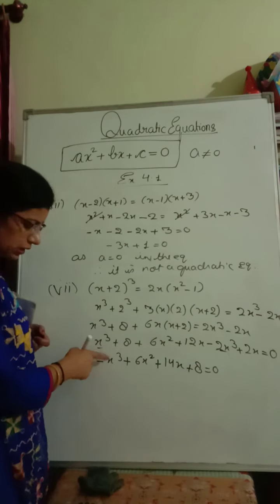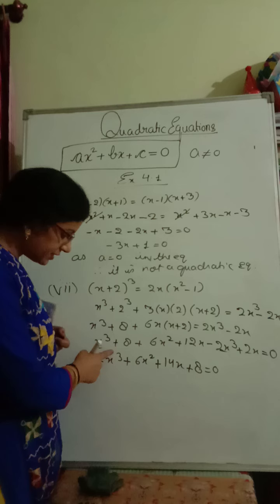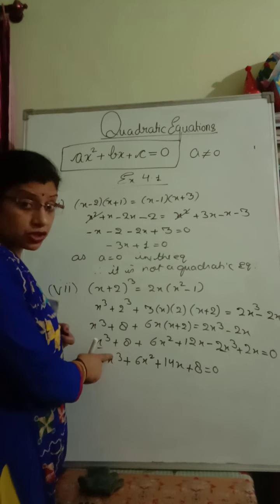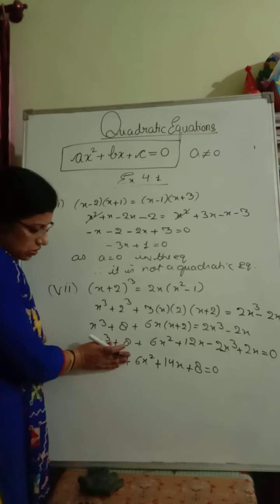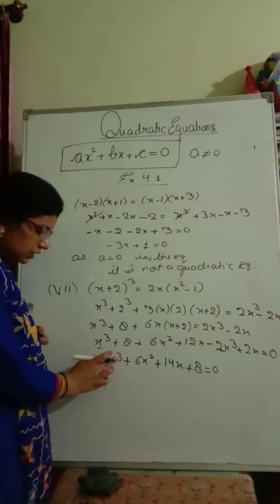So you can see the highest power of the variable is 3. So what equation is it? It is a cubic equation. It is not a quadratic equation. If the cube term were not there, it would be a quadratic equation, but here the cube is there.